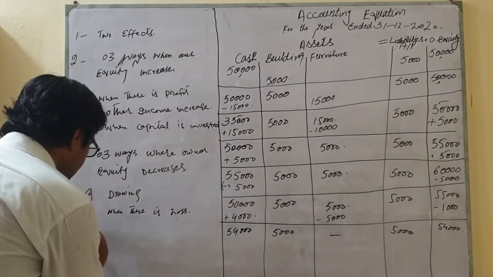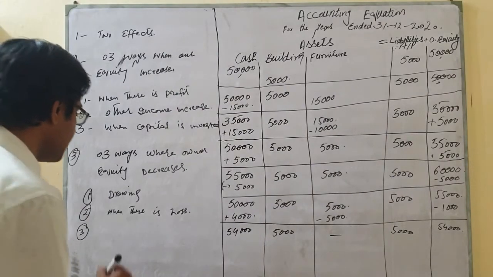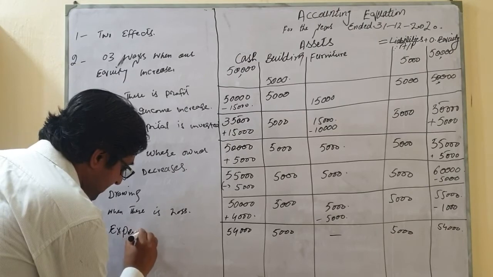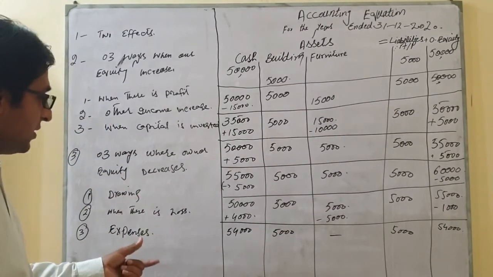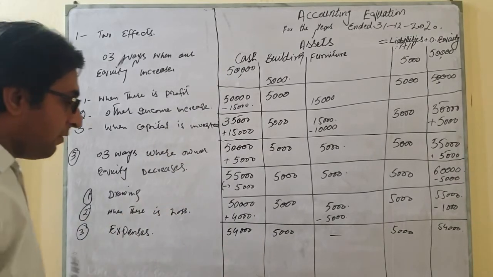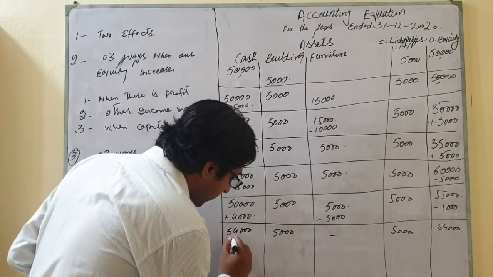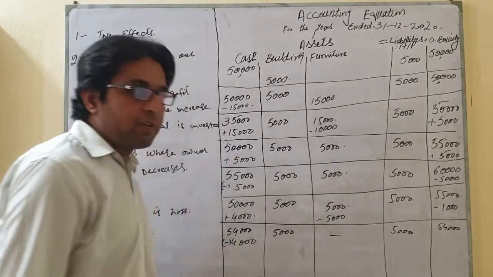Third situation, when our owner equity decreases, when there are expenses in the business. When there would be expenses in our business, then our owner equity will also decrease. For example, business has paid rent expense 4,000 and it is paid in the form of cash.